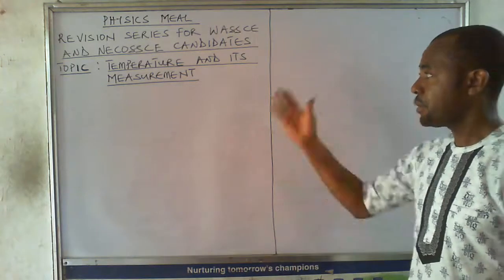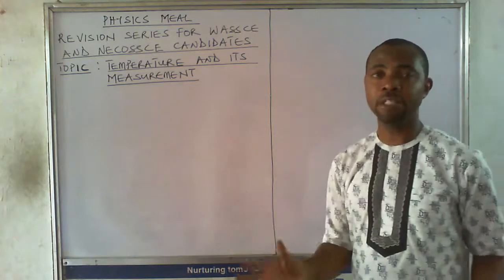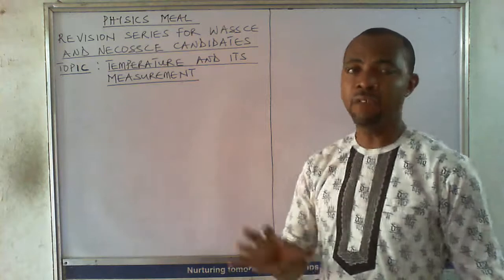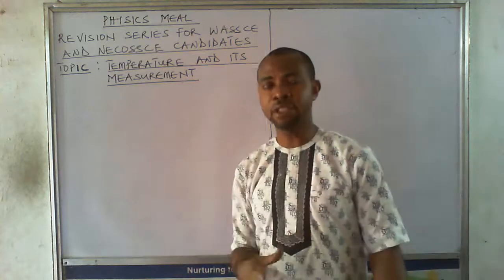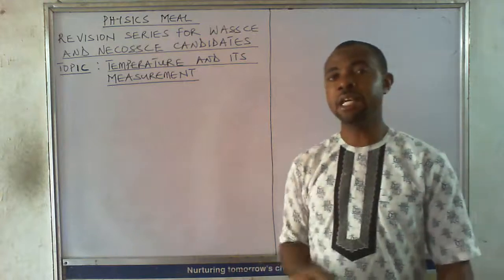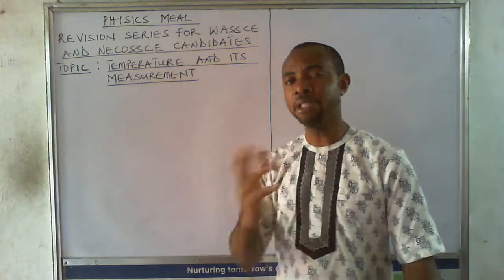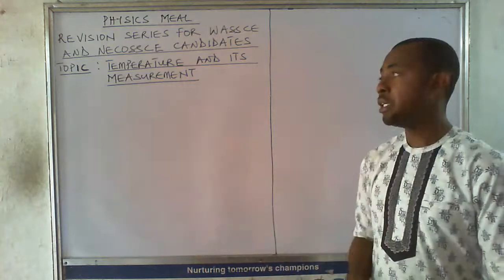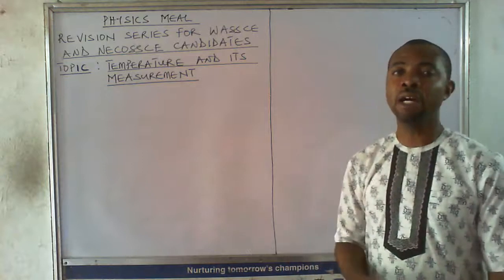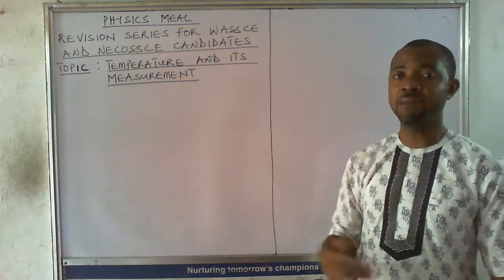All right, let's go straight to temperature and its measurement. Temperature is a branch in physics under thermal physics. In physics we have thermal physics where we study about heat and its measurement. That's the principle of calorimetry. So temperature is a part of that particular aspect of physics, that's thermal physics.